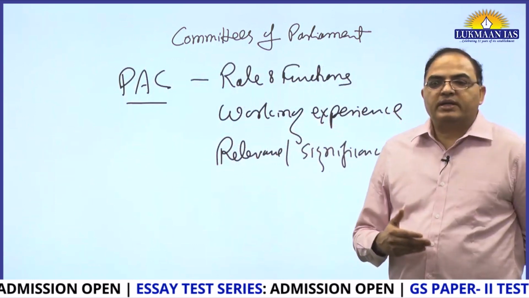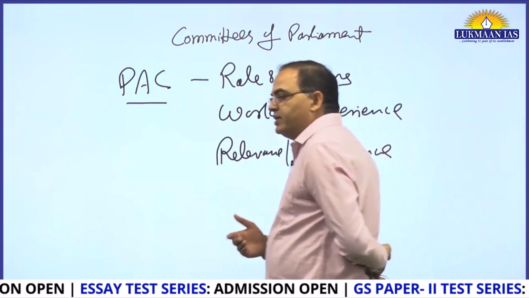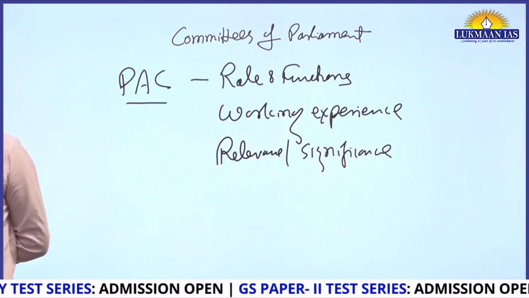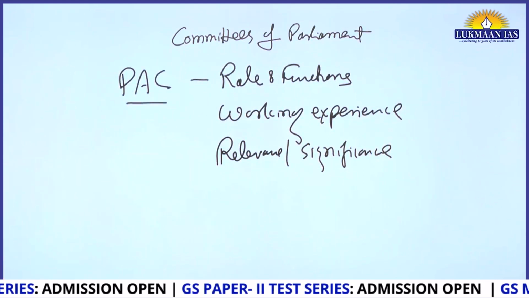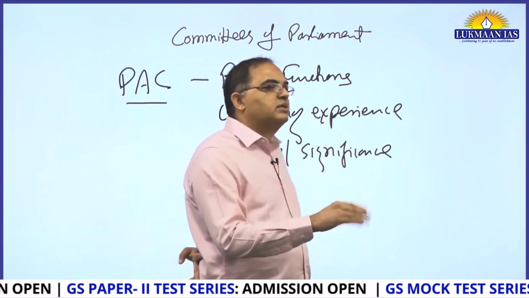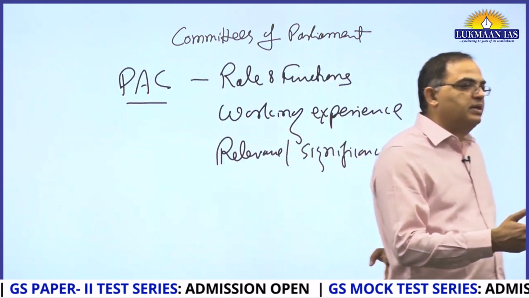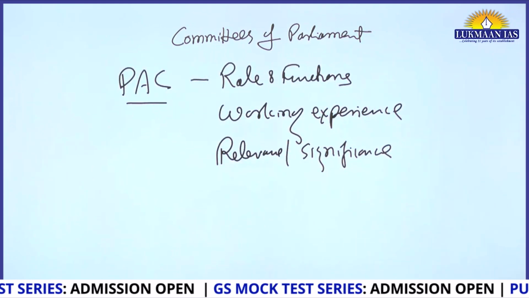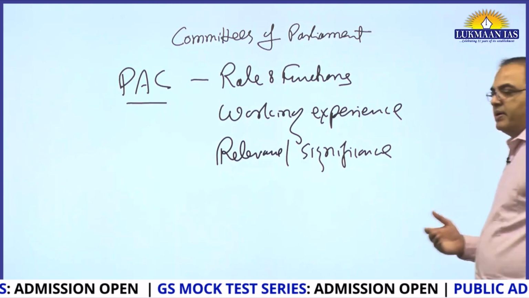When it scrutinizes, it tries to satisfy itself about one thing: wisdom. Whether there is application of wisdom while spending that money by those officials. Whether there is any waste, loss, malpractice, inefficiency, it will look from that perspective. And it will give recommendations.